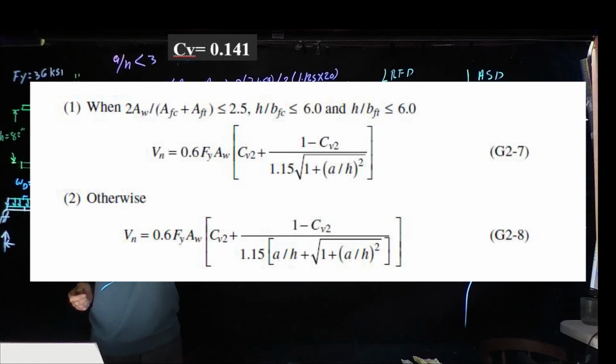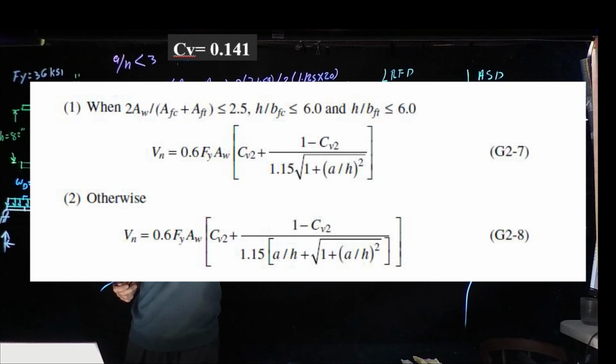H divided by BFC, and that comes out to 82 divided by the B of the flange in compression, which is right here, and that's 20 inches.